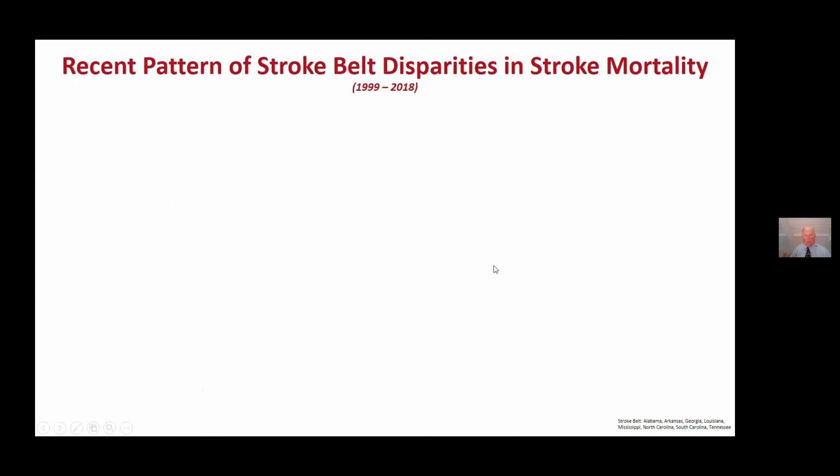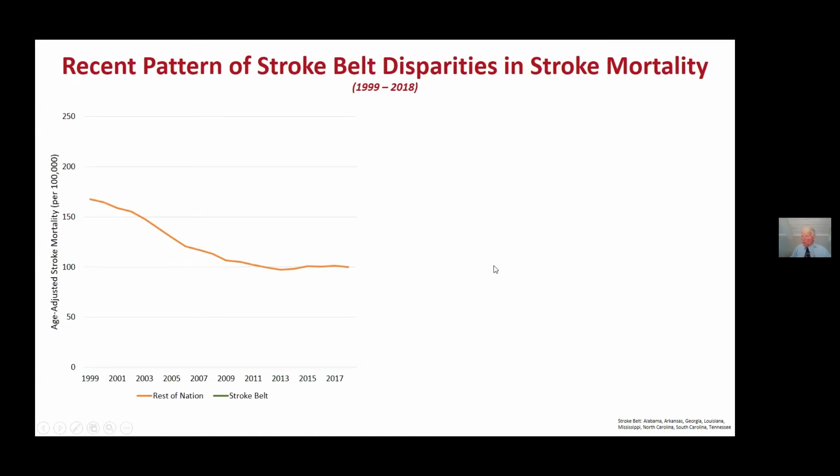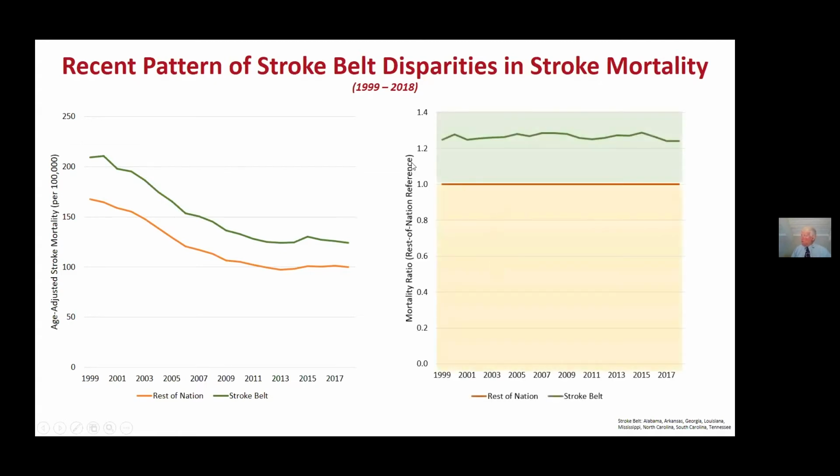So again, the same game. What are the patterns of mortality? Here is the stroke mortality if you're not part of the stroke belt. Again, the same decline. And here's the pattern if you're part of the stroke belt. Here's the mortality ratio. So way back in 1999, we had a mortality of about 28% higher.